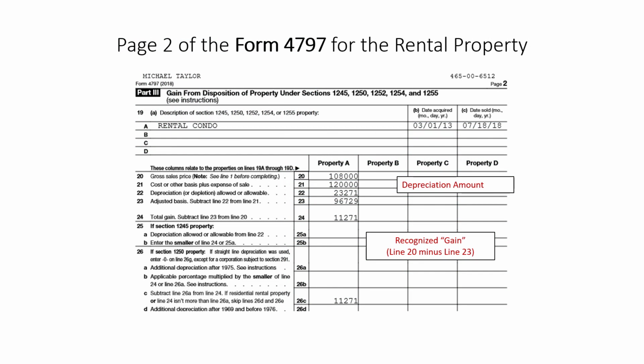And if we were to view or print the 4797, we'll see that the depreciation amount appears, the $23,271, and we have a recognized gain on this line, $11,271. This is line 20, the $108,000, the gross sales price, minus line 23, an adjusted basis.